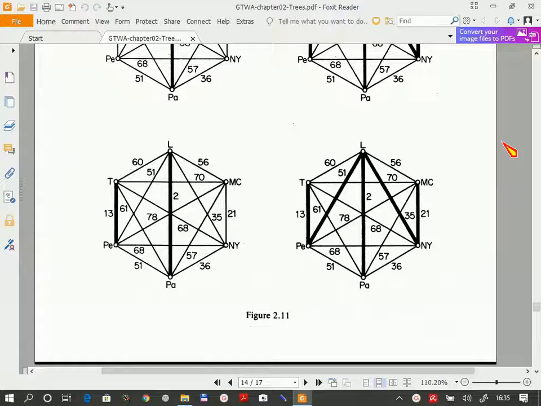So assume that you are the boss of the European Union and you are not willing to make a favor to Angela Merkel or to Macron or to this one or to that one, okay? And so you just want to have a minimal total connection, okay?